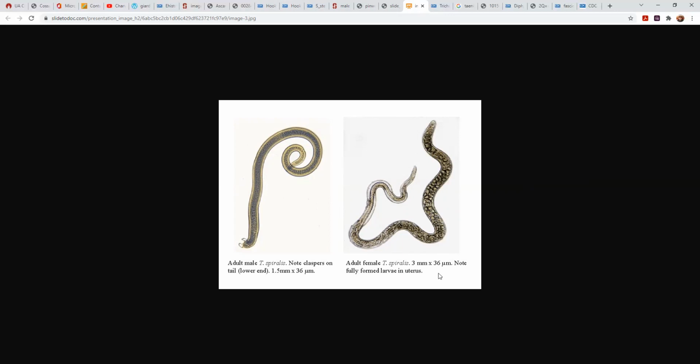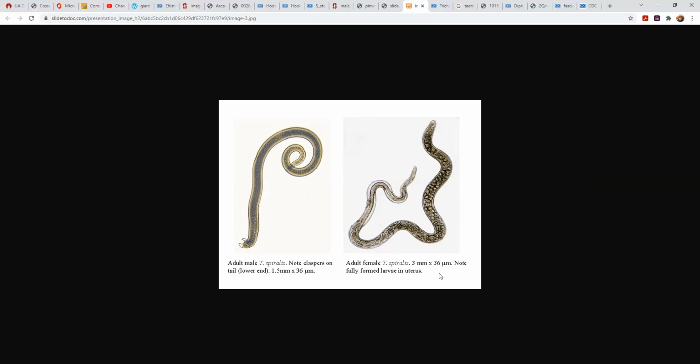This is Trichinella spiralis. Now, Trichinella spiralis can get into the muscles. So we'll talk as we go through these about these different life cycles of the different worms, because they do have different life cycles, and we'll see that in our PowerPoint. But Trichinella spiralis is a type of nematode, and we'll see it in pigs primarily.